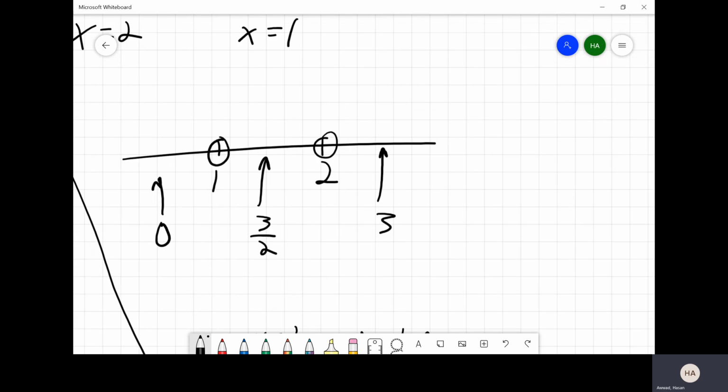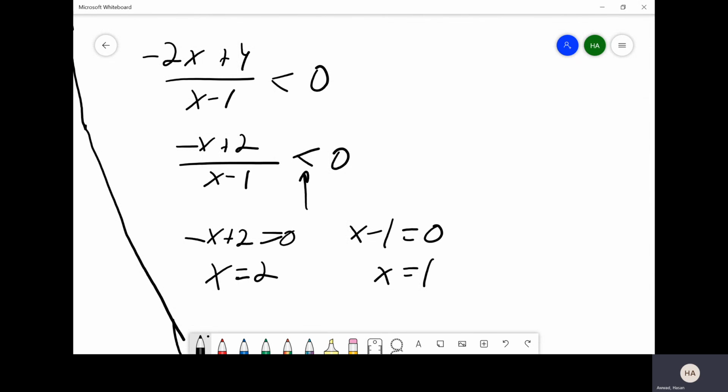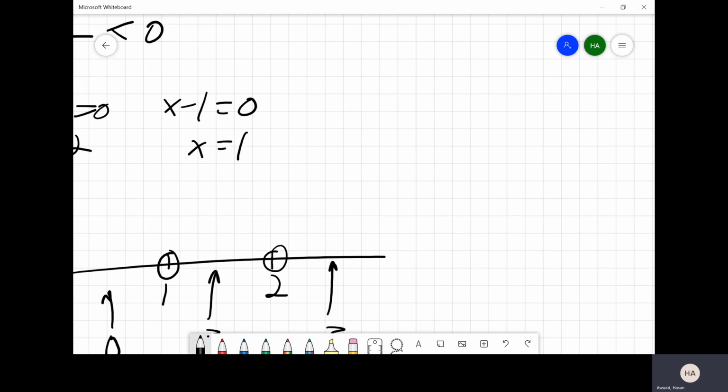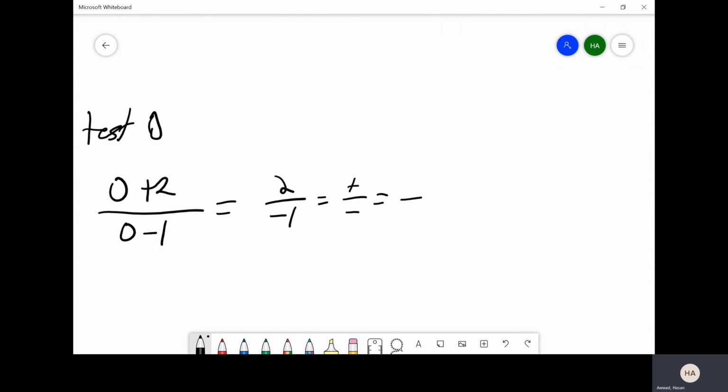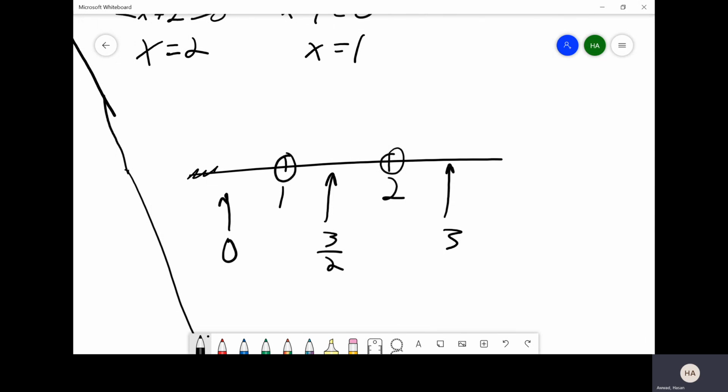And is a negative less than 0? Again, we're looking for where it is less than 0. And the answer is yes. So great, this will work. So less than 0, this interval does work. We care about it, right? So this interval all the way up to 1 works.